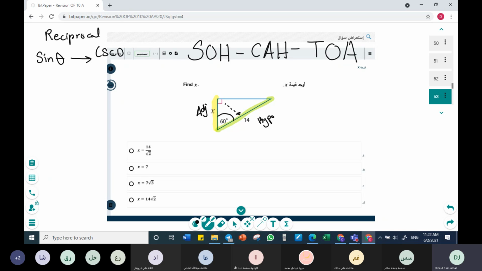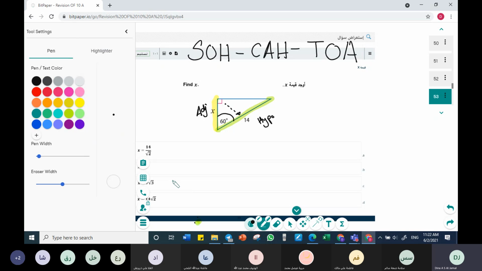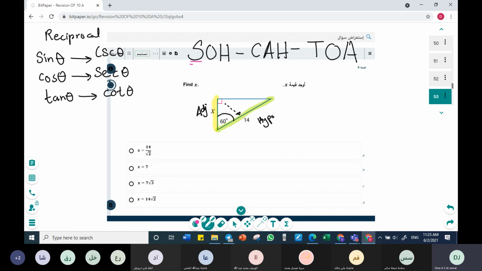Excellent. What is the reciprocal of cosine theta? Secant. What is the reciprocal of tan theta? Cotan. And here it is only talking about the main functions.